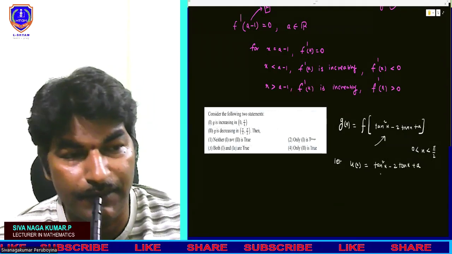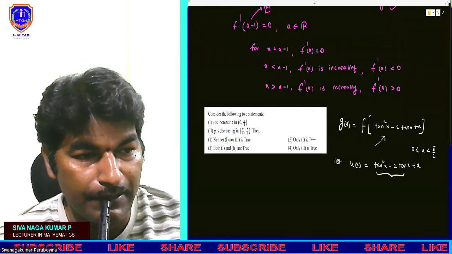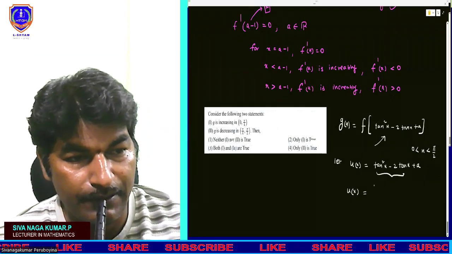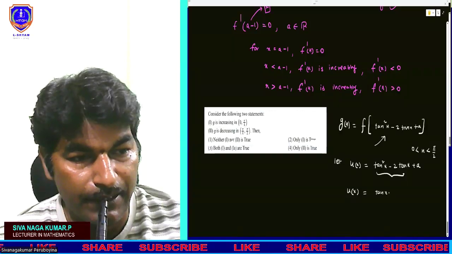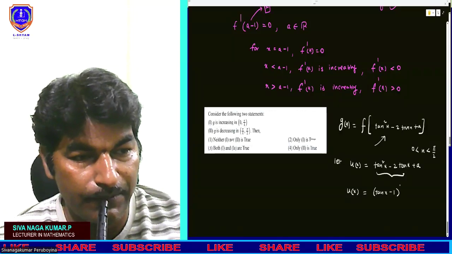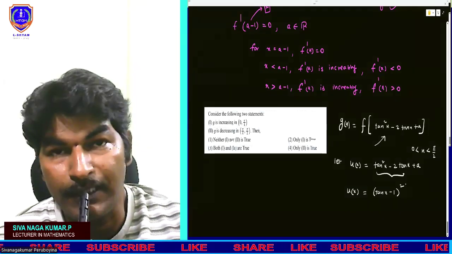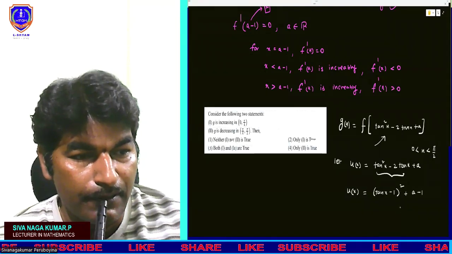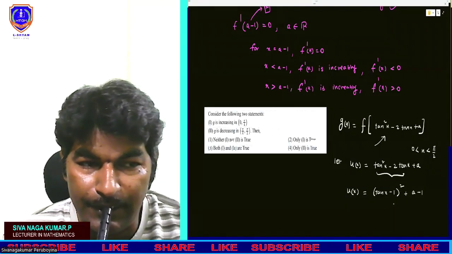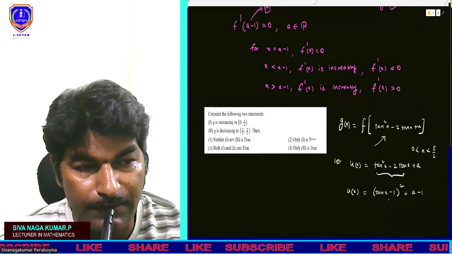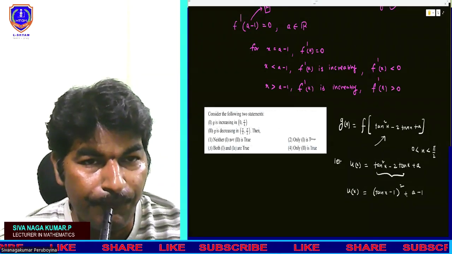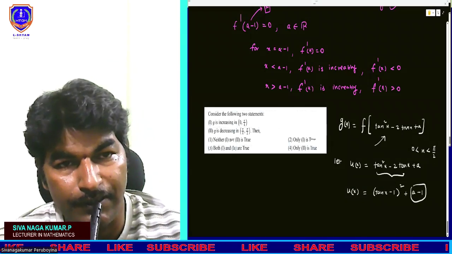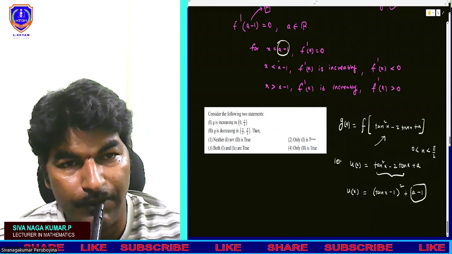Clearly we can write it as a quadratic. So u(x) we can write as (tan x minus 1) whole squared, plus 1 and minus 1 are added, then it is possible. So u(x) will be (tan x minus 1) whole squared plus a minus 1. This a minus 1 is interlinked with what we had earlier, everywhere.